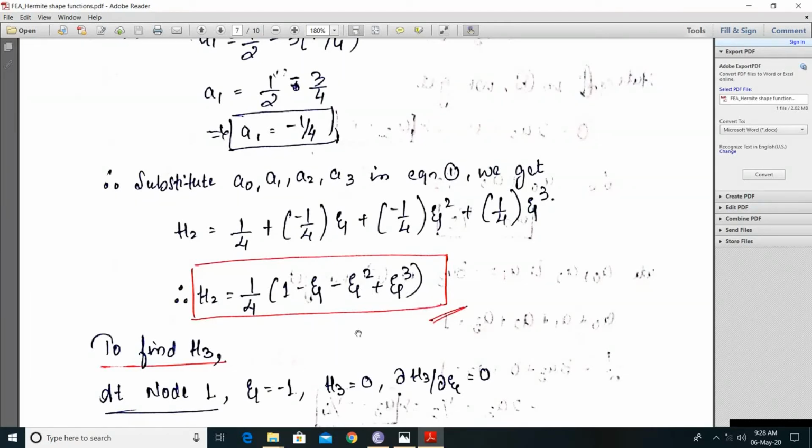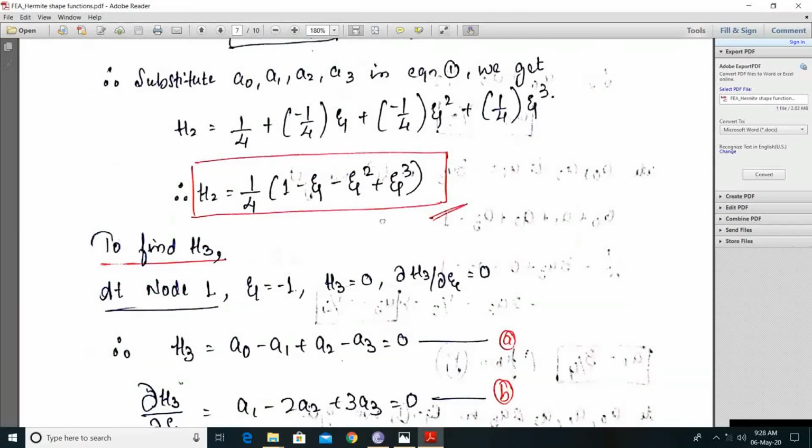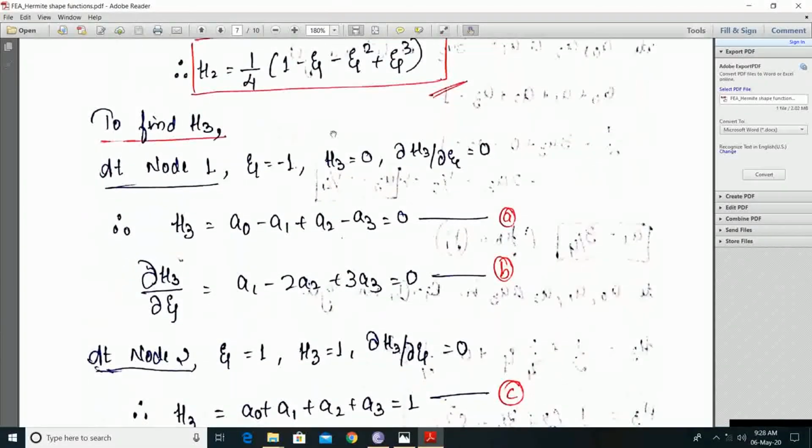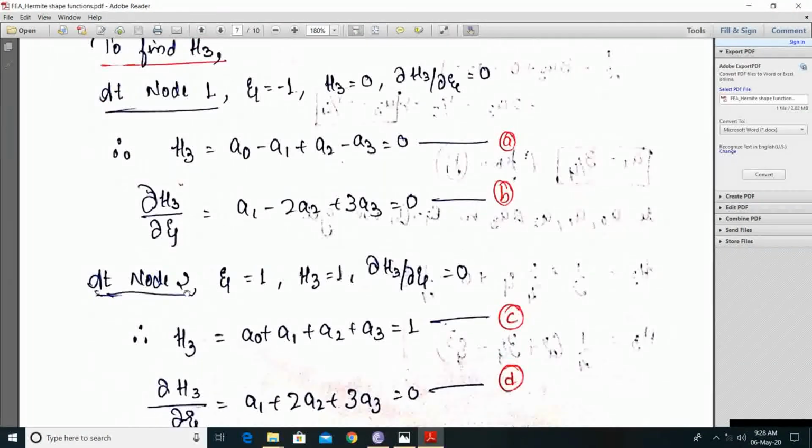In a similar fashion we will be doing it for h3. At node 1, xi equal to minus 1, h3 and dou h3 upon dou xi equal to 0. When you substitute this in equations 1 and 2, these are the two equations you will be getting, A and B. Then at node 2, xi equal to plus 1, h3 equal to 1.